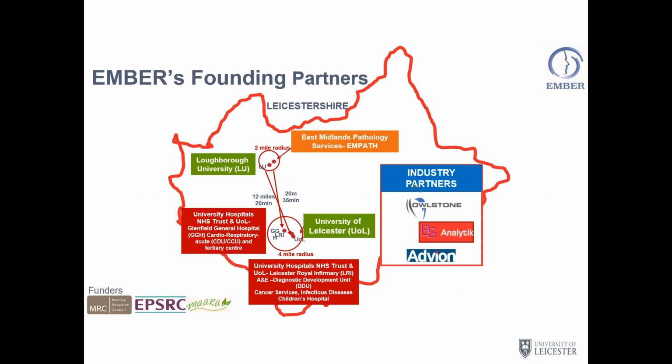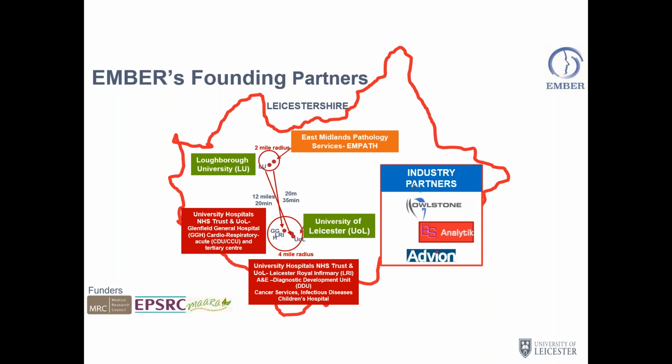This describes the founding members of EMBER. You can see that the map is actually of the East Midlands, and it's focusing down on Leicestershire. And within Leicestershire, we only have one hospital, the University Hospitals of Leicester, the UH Trust.